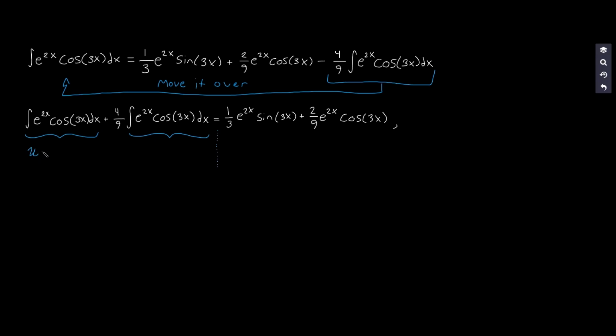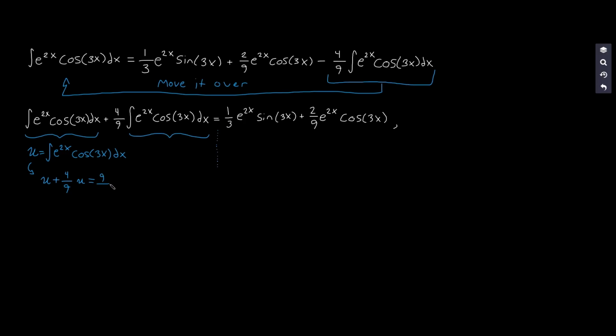So if we let u equal the indefinite integral of e raised to the power of 2x times cosine of 3x, integration with respect to x, then that would mean that we have u plus 4 over 9 u.